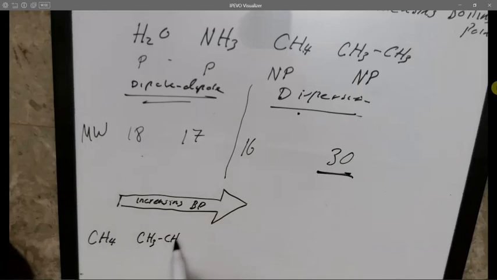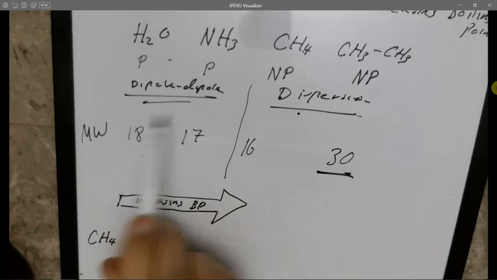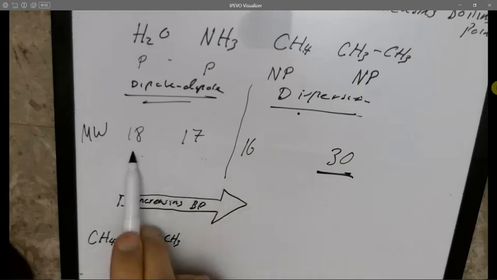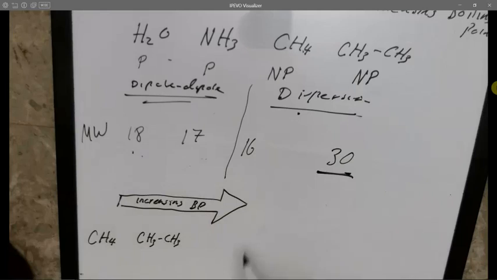So CH4, CH3CH3. So methane, ethane. Then I have to determine here which one is stronger. Well, again, look at the molecular weight. Water is higher, so water should have the higher boiling point. So ammonia is going to be number 3, and then water is going to be number 4.